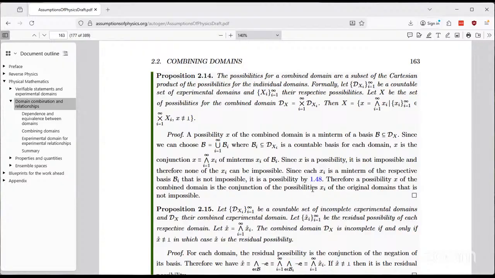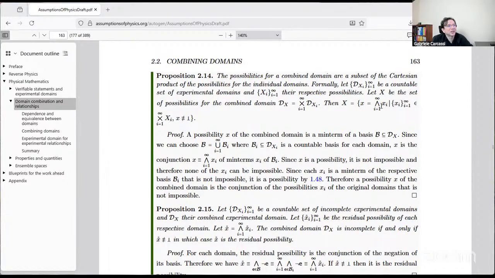Then x are all the statements, this is the conjunction, it's and, for all sequences that basically pick one possibility from each domain.